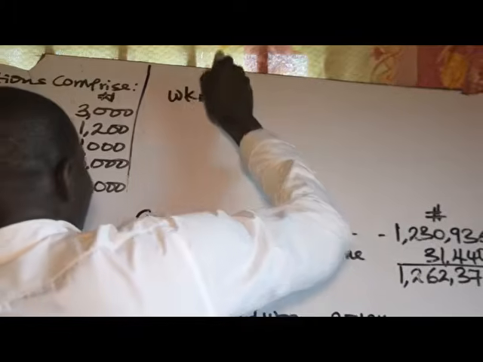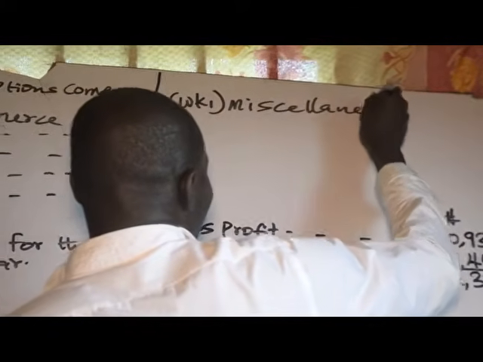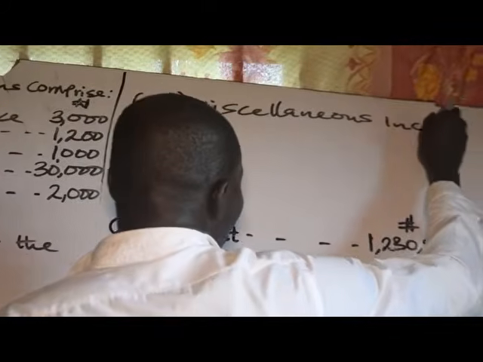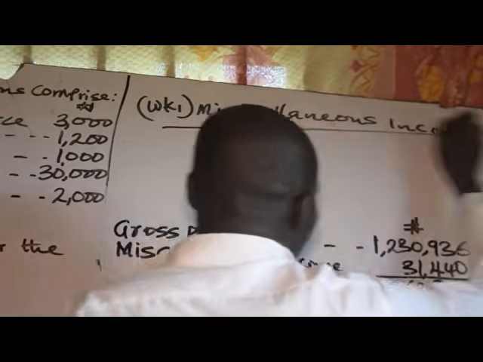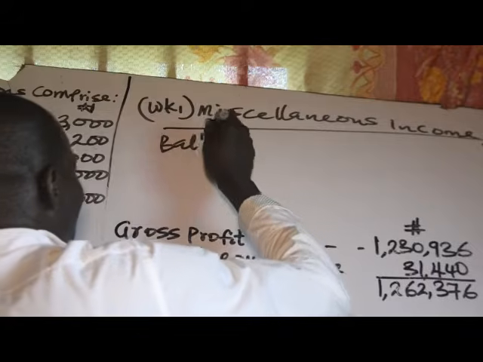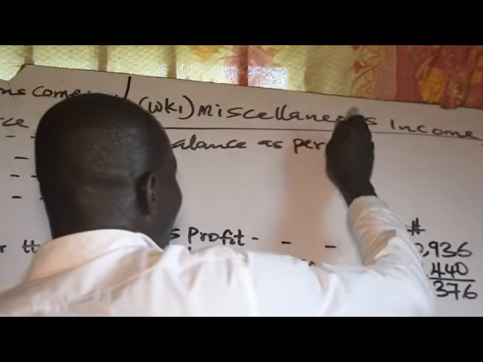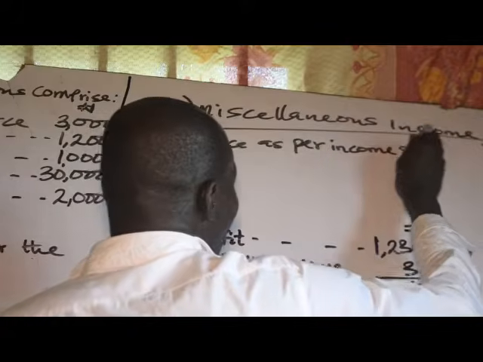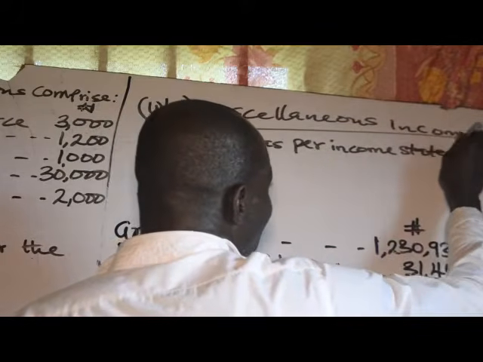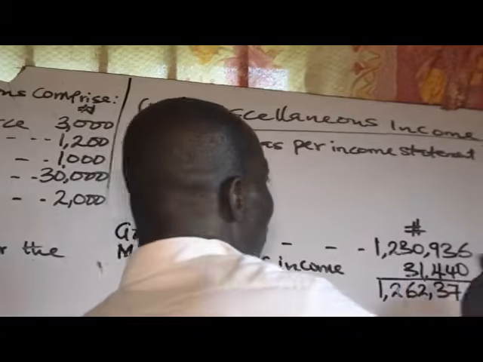Working one, miscellaneous income. Balance as per income statement. The miscellaneous income as per income statement is 31,440.